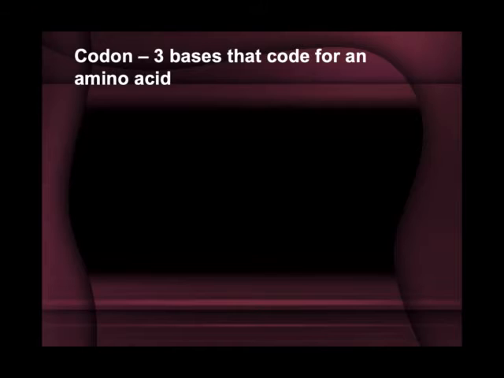So a codon, they figured out, is 3 bases that code for an amino acid. All the time when I had you converting DNA to DNA and DNA to RNA, I always put them in groups of 3 in preparation for this, because that's how the DNA is read by the machinery that makes the RNA and also makes the protein.